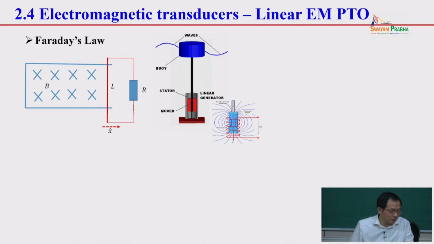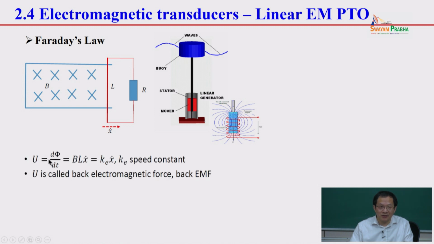How does it work? You learned from high school physics that if you have a magnetic field and a conductor moving inside it, you generate voltage. That voltage is B, in Tesla, times L, the conductor length, times velocity.